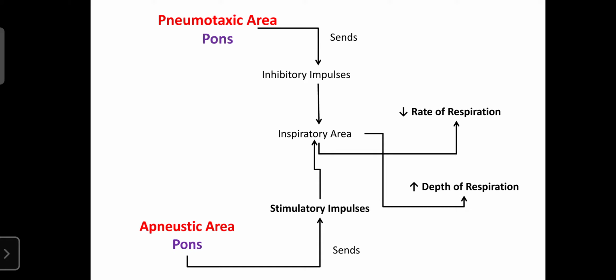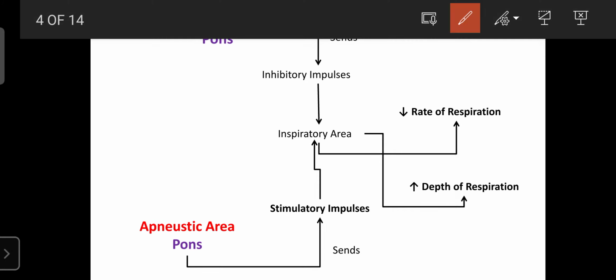So the pneumotaxic area sends inhibitory impulses to the inspiratory area, then the inspiratory area is stopped, and the rate of respiration decreases.